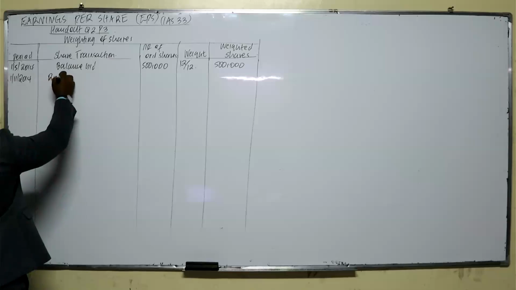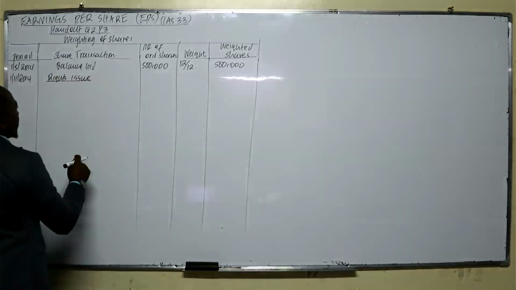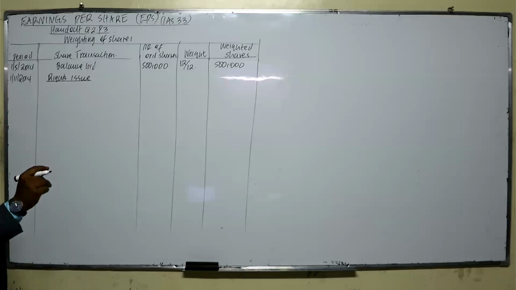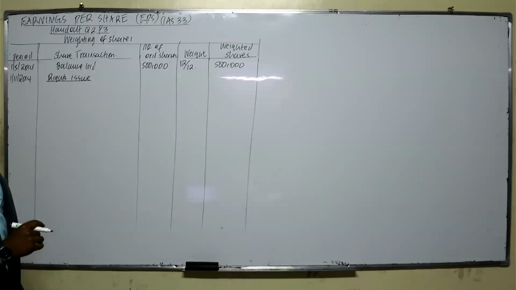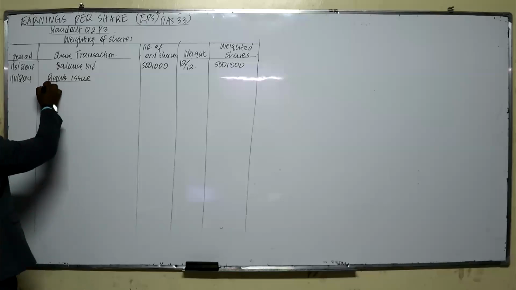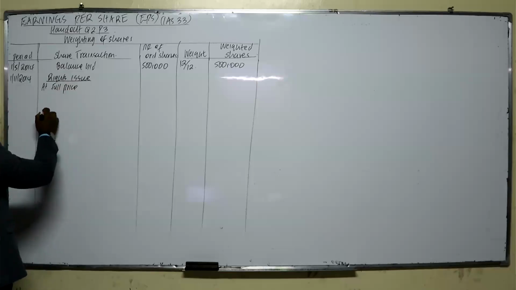Listen up here. A rights issue is the issue of shares to the existing shareholders at a price below the market price. So in case there is a rights issue, we have those shares deemed issued at full price, and we have those deemed to be issued at a bonus.